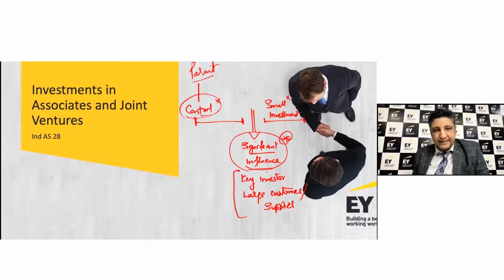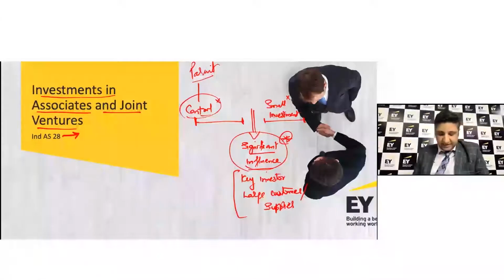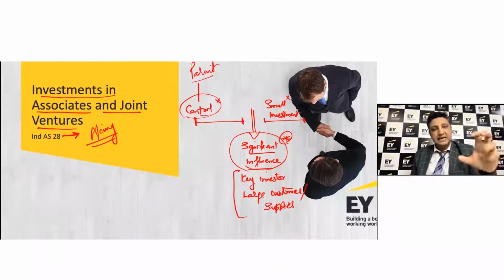That is where the term investment in associate starts reflecting. Of course, the standard also refers to another term called joint ventures. Ind AS 28 addresses the accounting requirements for both investment in associates and joint ventures.